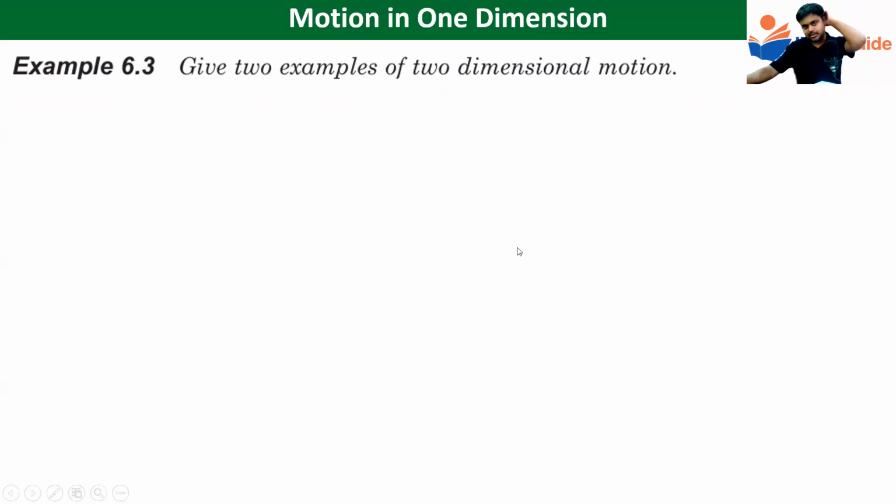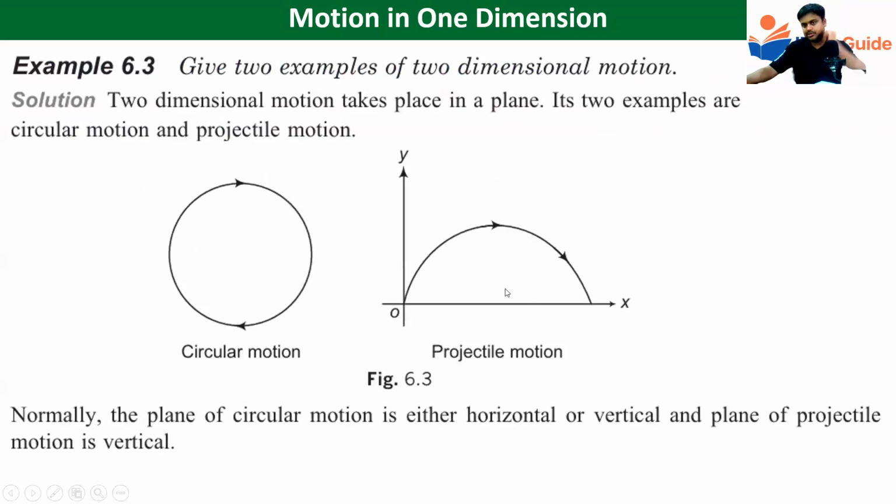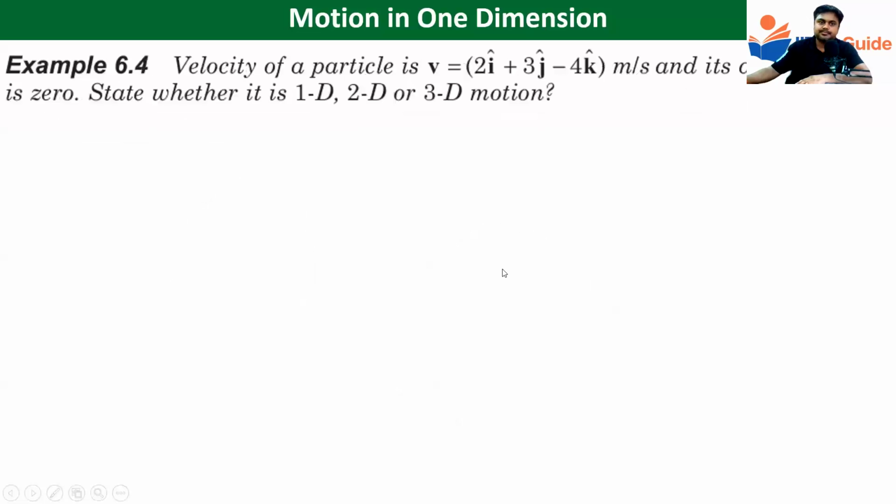Two-dimensional motion examples are projectile and circular motion. These all are two-dimensional motion examples. Tell me this.